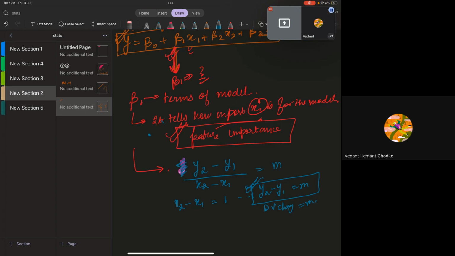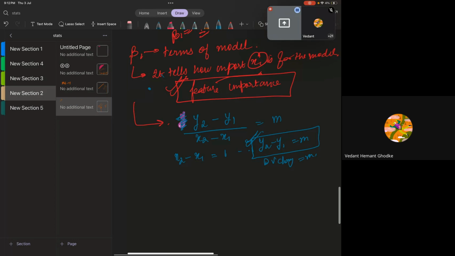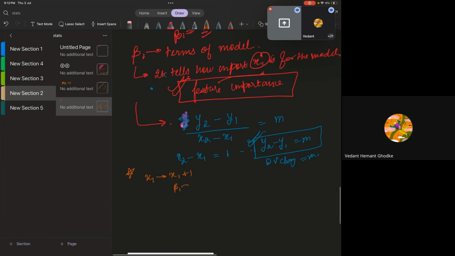When you make a unit change in x1, it will give you a change of beta 1 by sigma beta i in the predicted value. So what Vedant is saying is, when you make a unit change in x1, it will give a change of beta 1 by sigma beta i in the predicted value, that is sigma y.